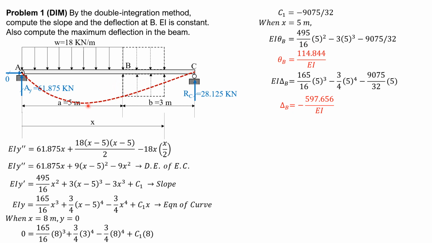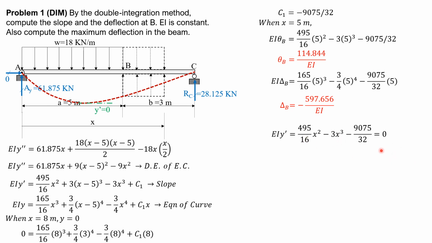So the zero slope should be less than 5. So we set this equation, ignoring the second term, to 0. So EI y prime is 495 over 16 x squared, then minus 3x cubed, then plus c sub 1, which is negative 9075 over 32, equals 0.